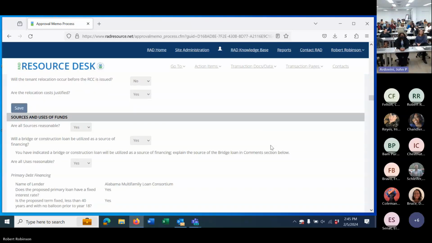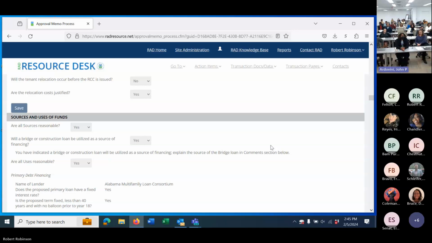So the timing of the relocation, they're asking if it's going to occur prior to RCC, and the answer here is no. We rarely allow any relocations prior to RCC. Otherwise, if it has to occur, then we would have to go to committee and consider that for approval. Sorry, rent conversion commitment. That's the evidence. The RCC is the evidence of approval of the transaction. So you all have the commitment, exactly.